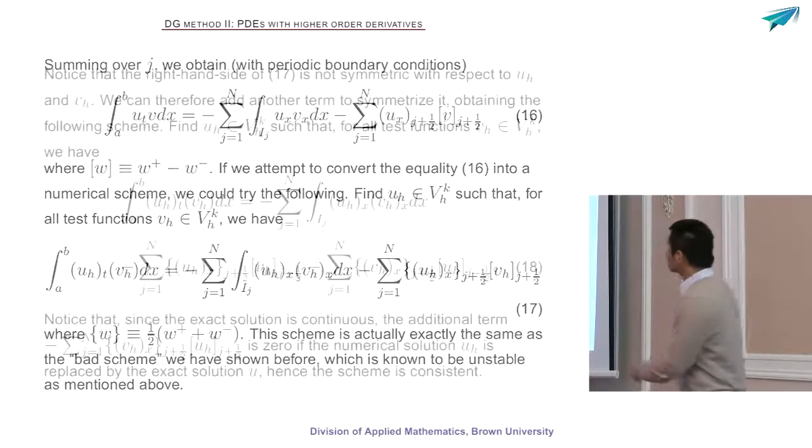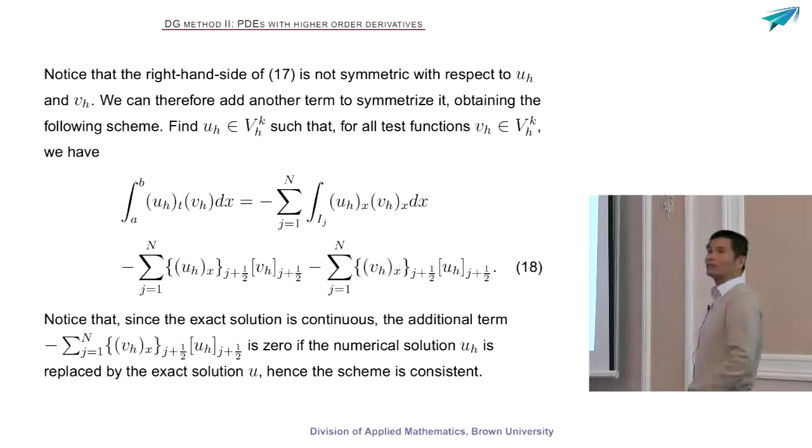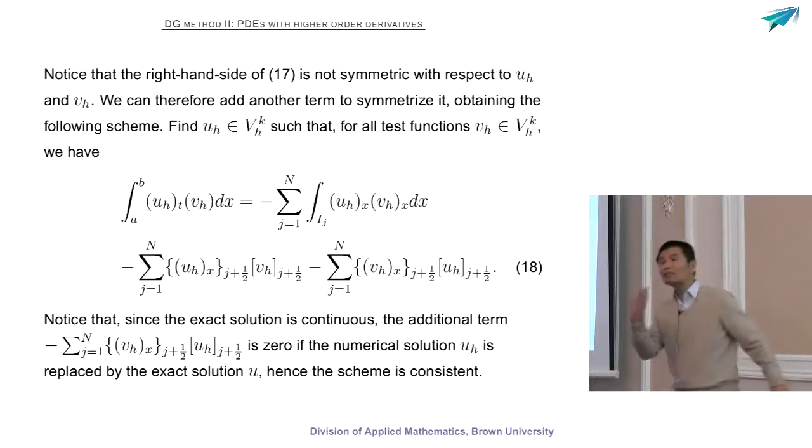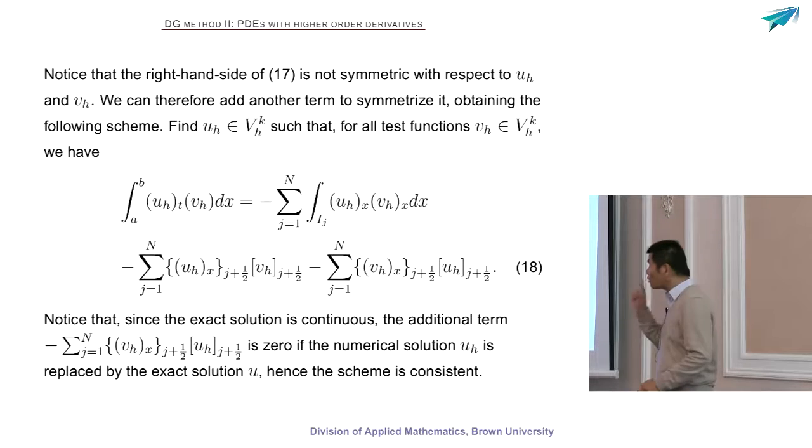Well, you just add another term to make it symmetric. So you add this term, which was not there before. So you just replace this u by v, replace this v by u. Same term, you just repeat and add it here. You might say, can I add it? Does it introduce some inconsistency? No, it doesn't, because for the exact solution u, it doesn't jump.